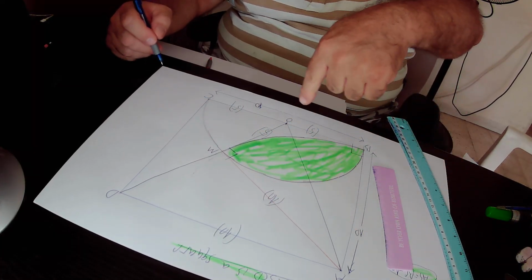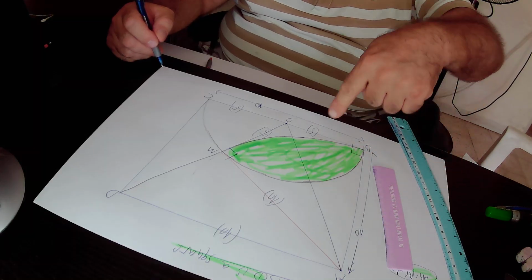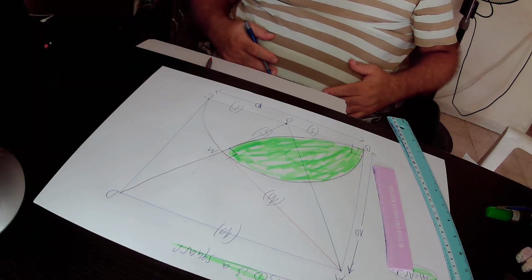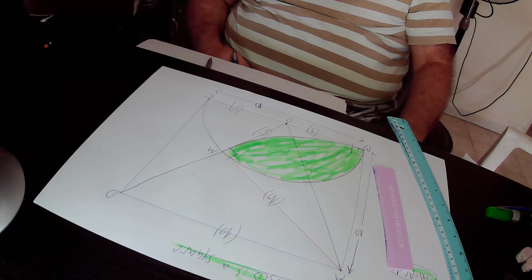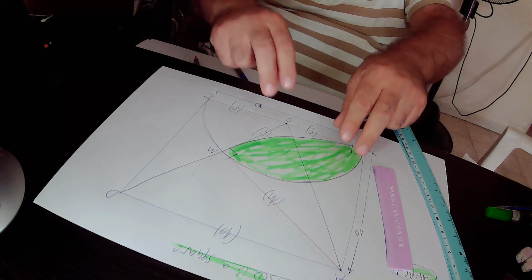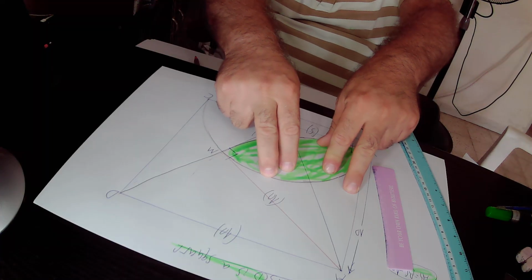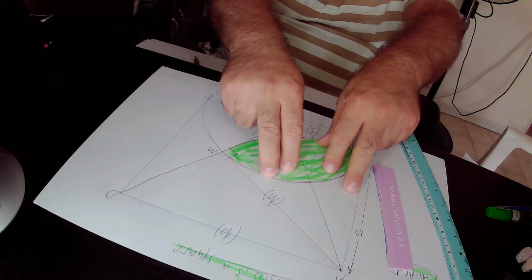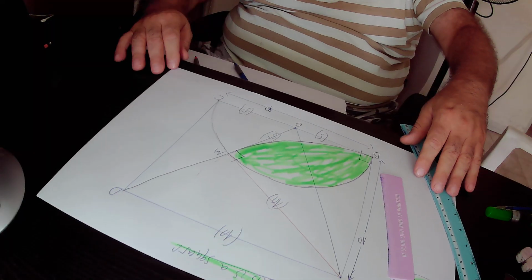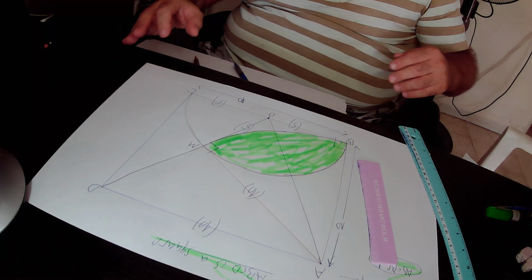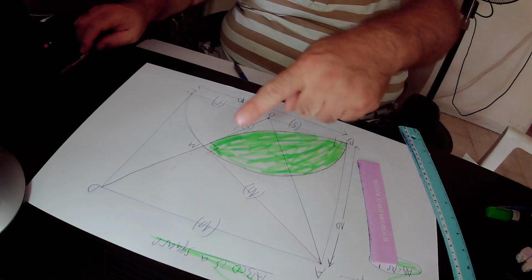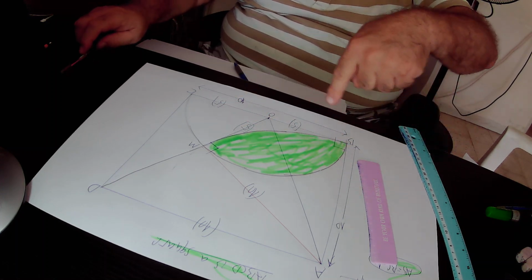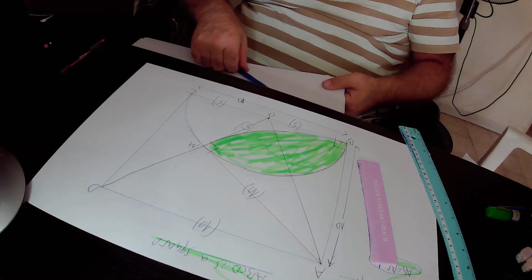This is the right angle AMO, and this is the right angle AOB. So, in the next step, we'll prove that those two right triangles are congruent according to the side rule. So, I write it down. We prove that the right triangle AMO is congruent to the right triangle AOB according to the side rule.